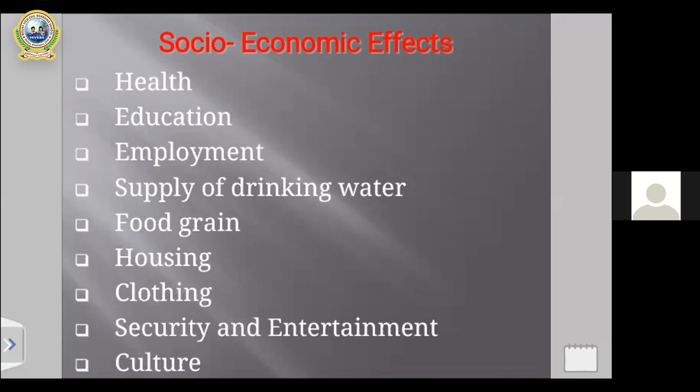Rapid population growth pollutes the environment, and the polluted environment adversely affects the health of human beings. So health is the first side effect of rapid population growth rate, and for that we have to minimize the population growth rate.